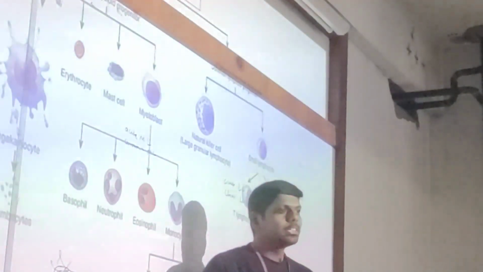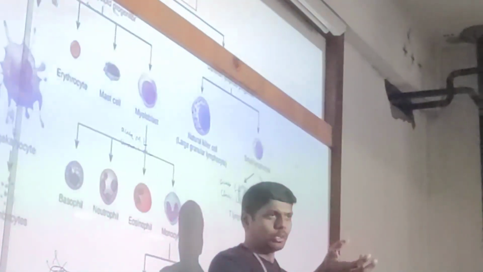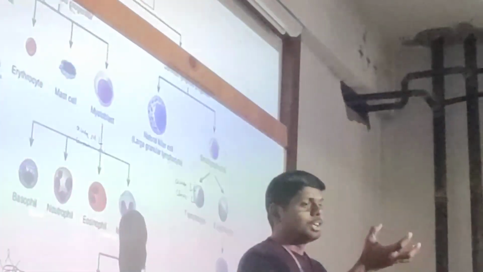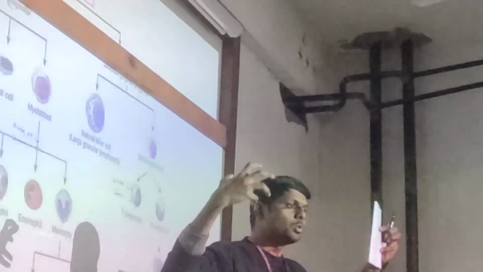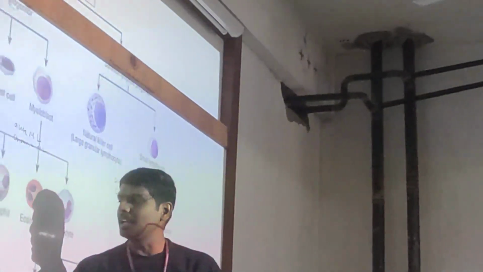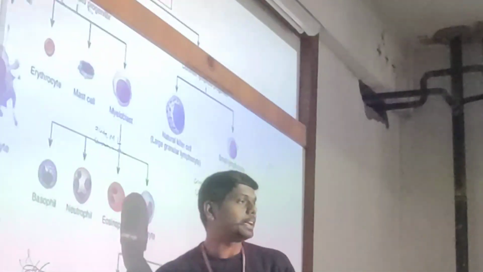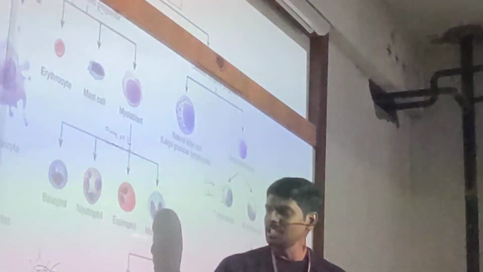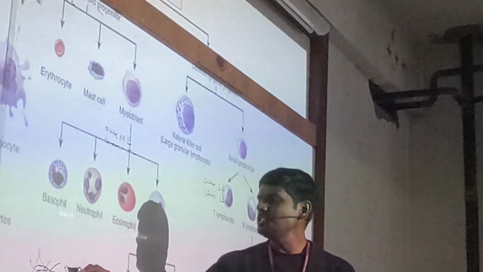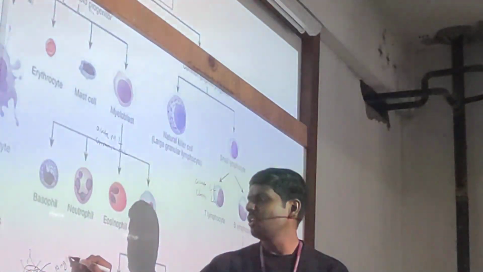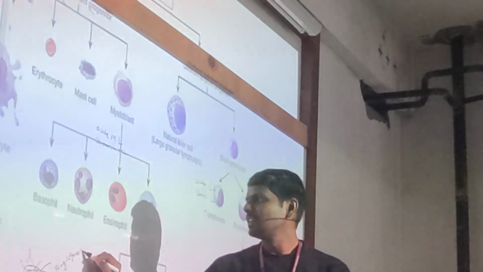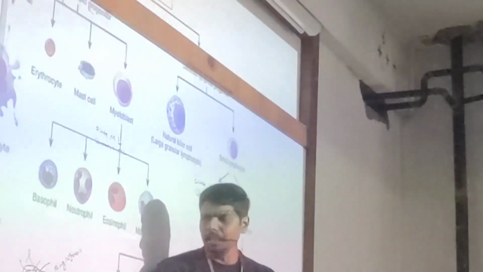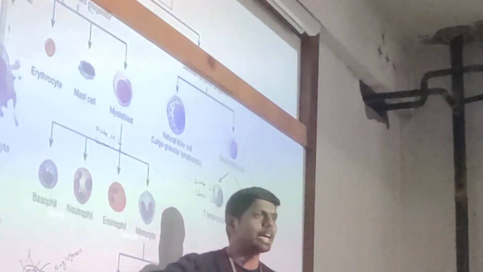They will release particular cytokines. These cytokines will trigger the nearby capillaries, so there will be more blood supply to this site. This is called angiogenesis. New blood vessels will come to the site of cancer.